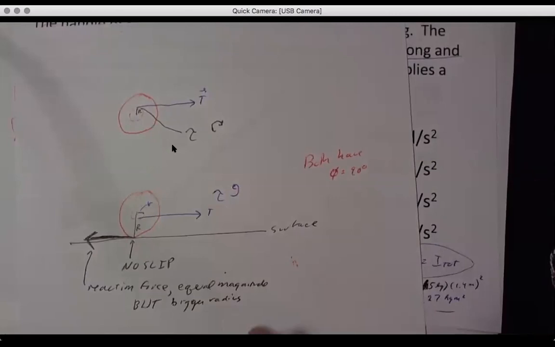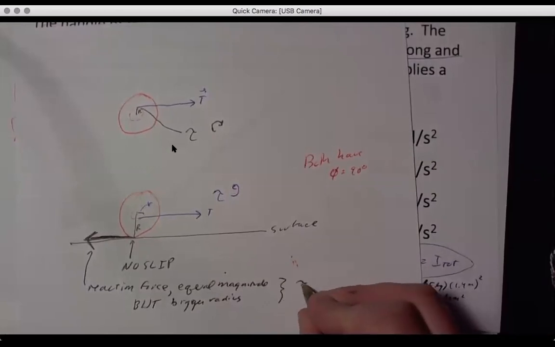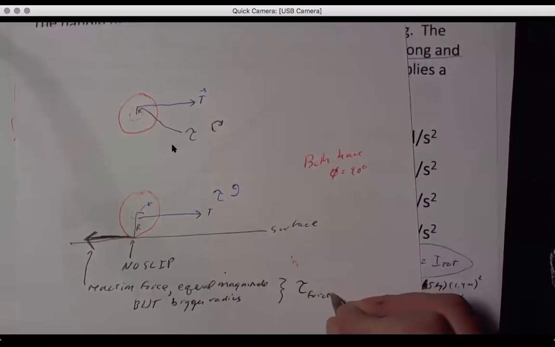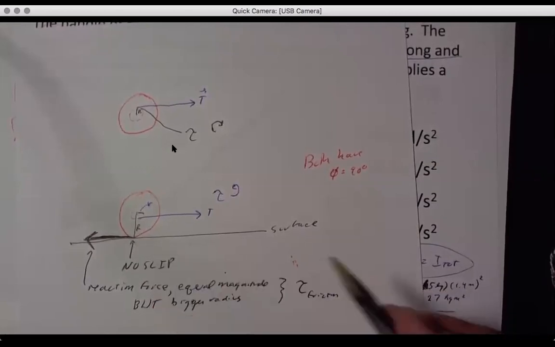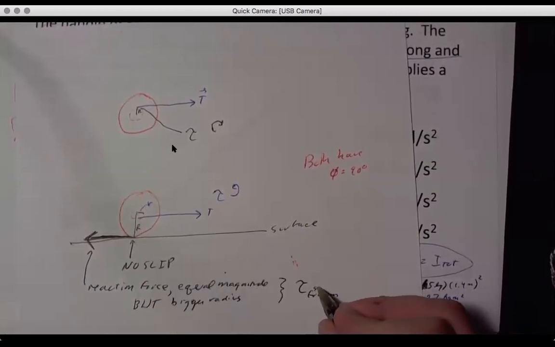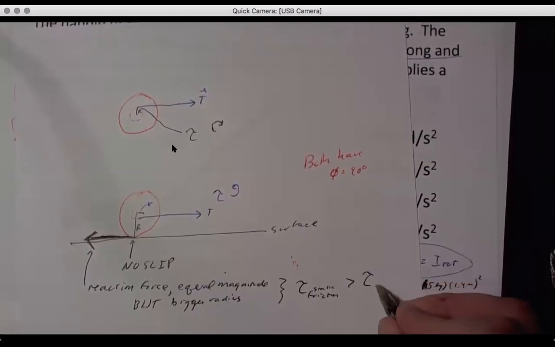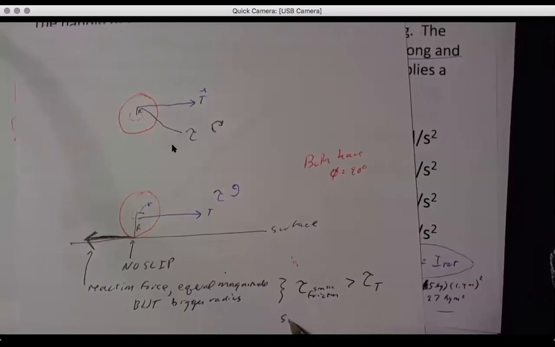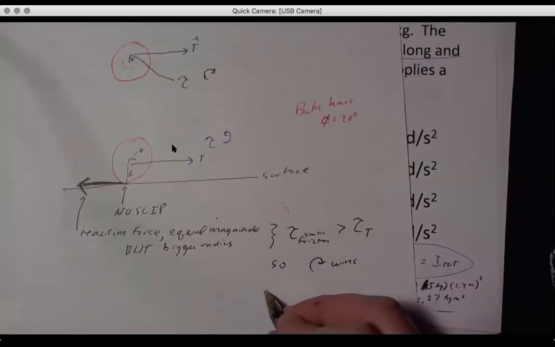Okay, so bigger radius, and what does this mean? This means that the torque from friction, which is what's doing that no slip, it's actually static friction, is greater than the torque from T. And so the friction torque wins, and it still goes towards me.